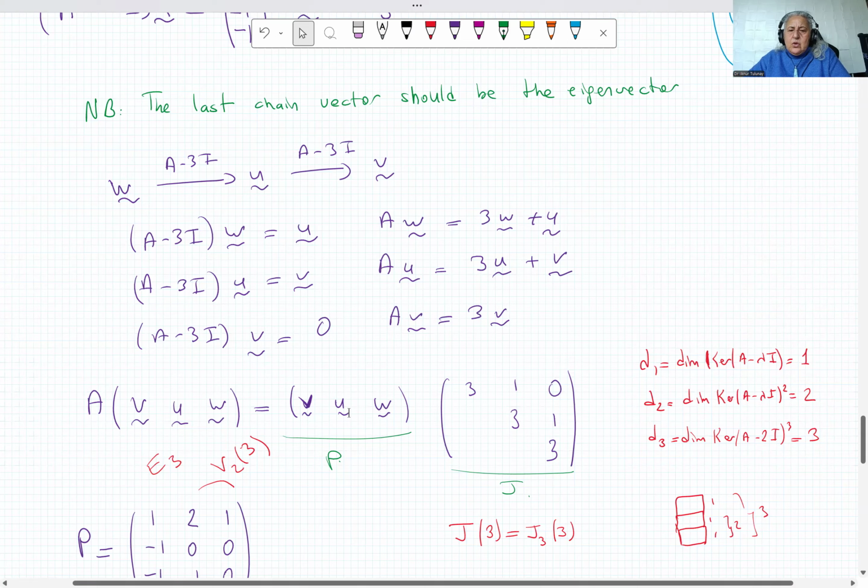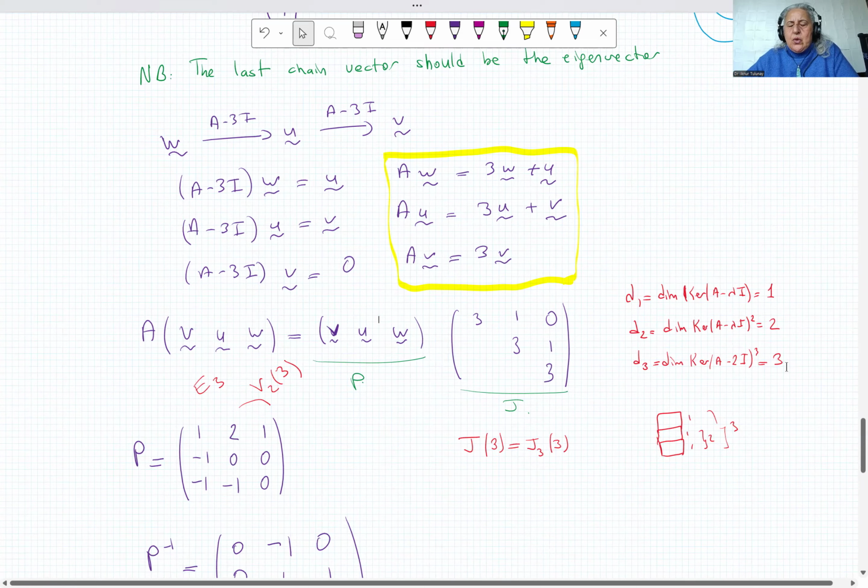So this is exactly that gives you the A times P equals P times J equation. And here, d1 is equal to 2, d2 is equal to 2, d3 is equal to 3. And if you want to show it in terms of this combinatorial object with this graph, we call them Young tableaus.